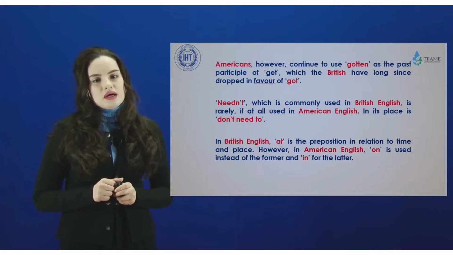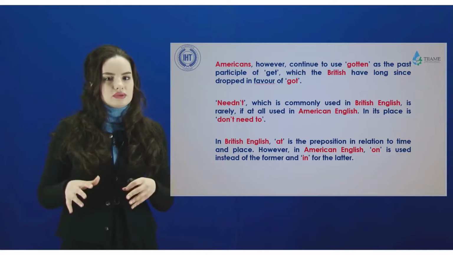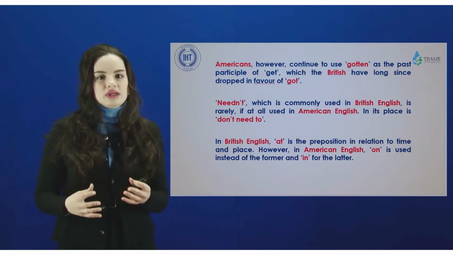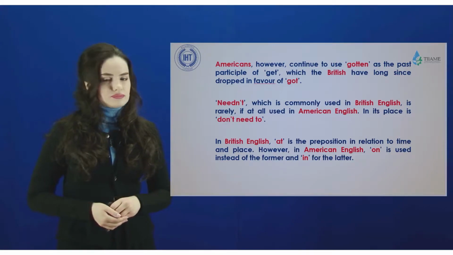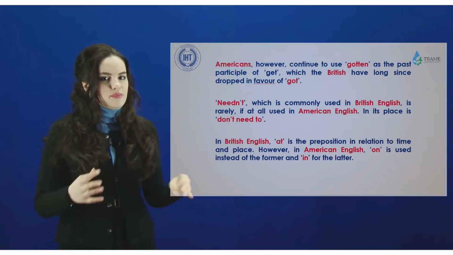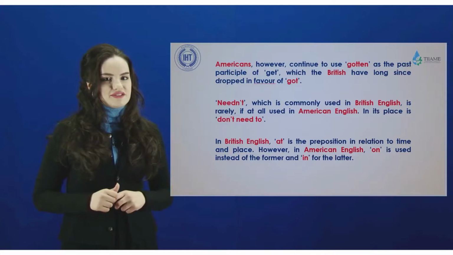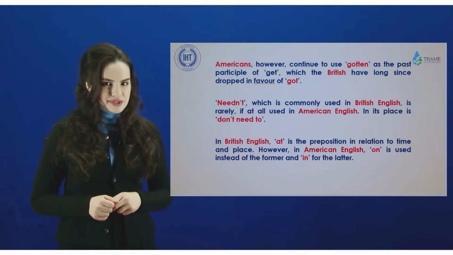So at is less concrete, but in is more concrete. We mean some particular area. So anyway, you should note that American and British English may differ in these prepositions also.